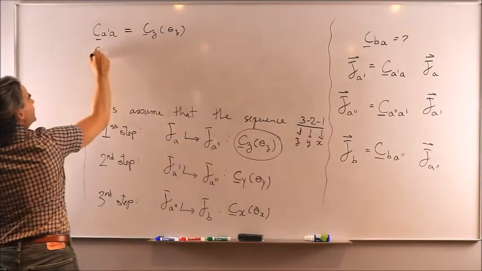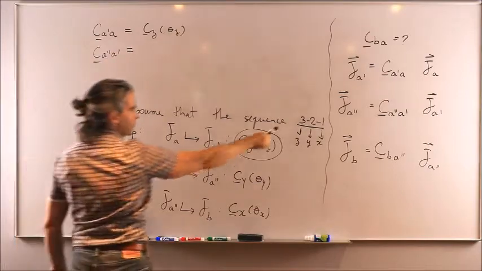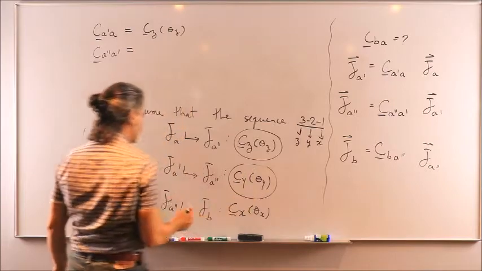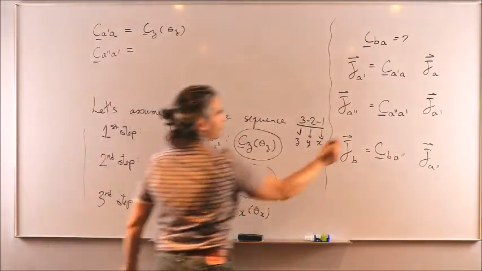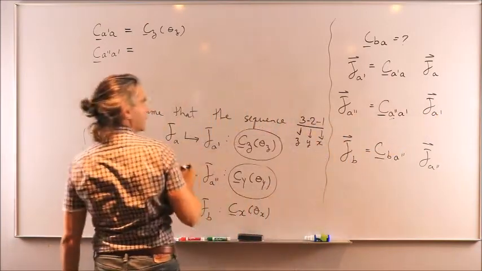Our C A double prime A prime, in our case, according to our sequence, we had established that that was CY, because CY was taking us from A prime to A double prime. That's what we're doing here. A prime all the way to A double prime.